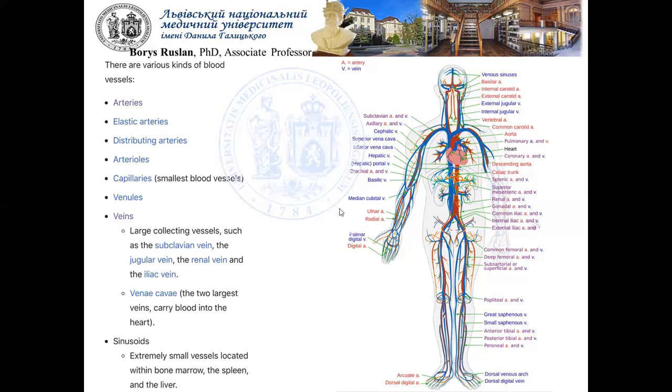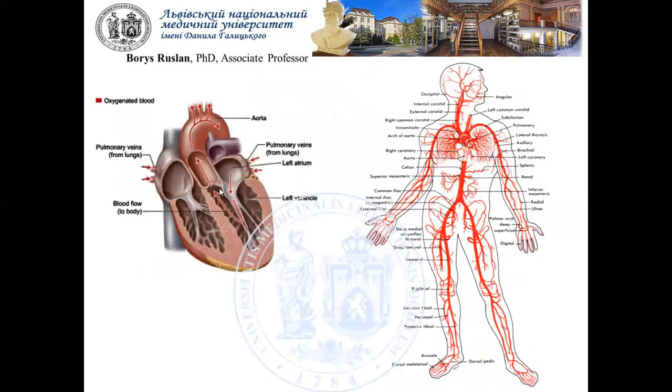Okay, so what about the arteries? In this picture, you can see the blood moving inside the heart, right? The heart is a pump, and the big circle starts in the left ventricle, right?